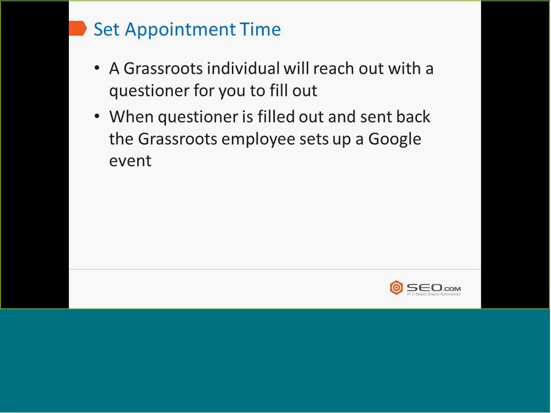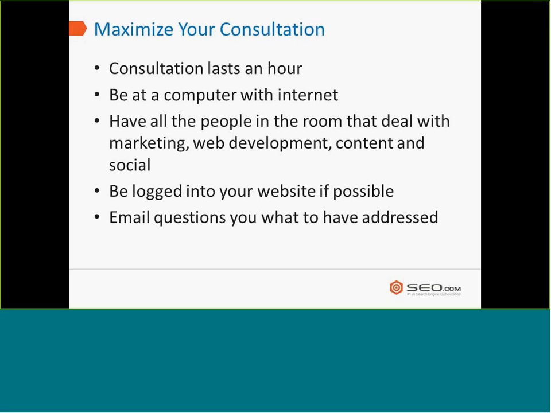One of the things on there is if you have specific questions that you'd like us to cover. Although we're most known for SEO, we cover other services like content marketing, social media marketing, pay-per-click, conversion optimization, and some web design. If you've got questions, we'll do our best to answer them in the time period. Once the appointment is set, it will be an hour consultation.